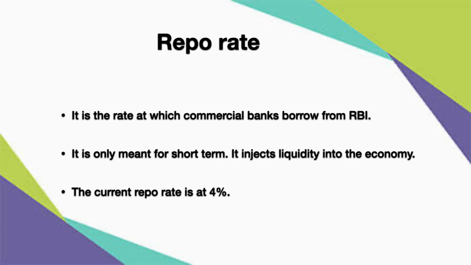Now when a bank borrows funds from the RBI and takes them for its operations, that means there is more money flow in the economy. As long as the money was with RBI, there was no money flow, there was no liquidity. But the moment commercial banks borrowed from RBI, there started liquidity or money flow in the economy.